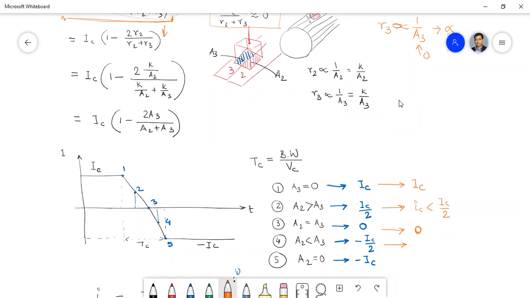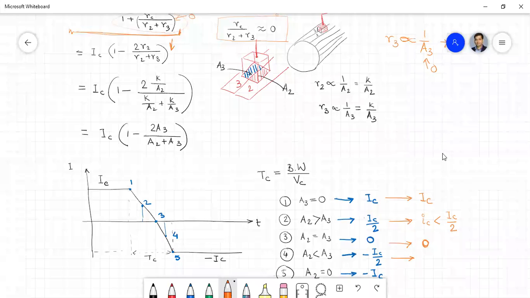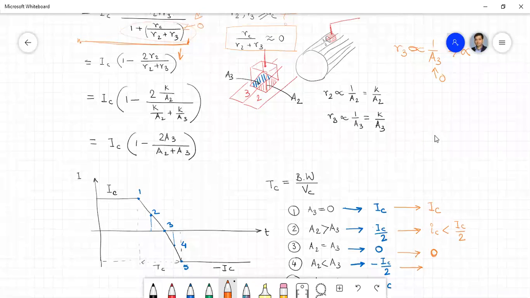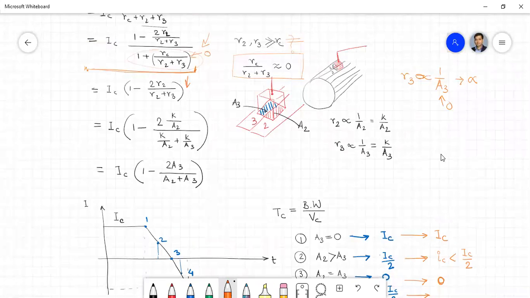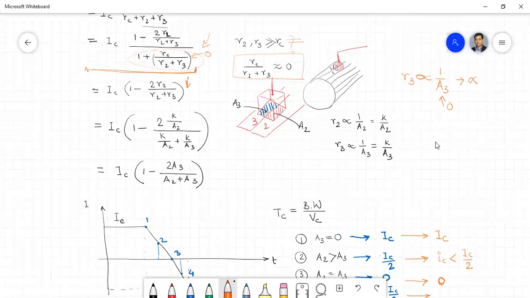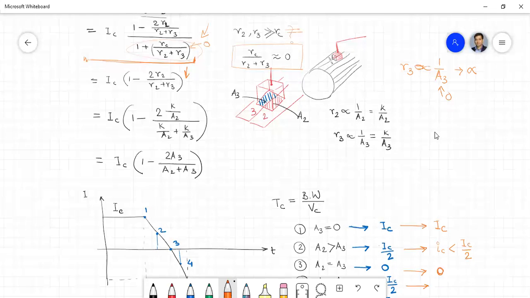Again, if we stick with our numerator, the numerator will be unchanged, and that is minus IC by 2. But the denominator again will be more than 1, just like instant 2.